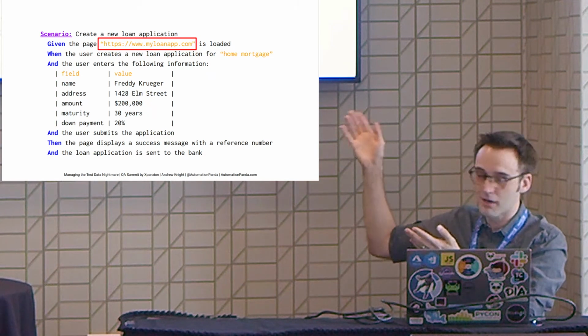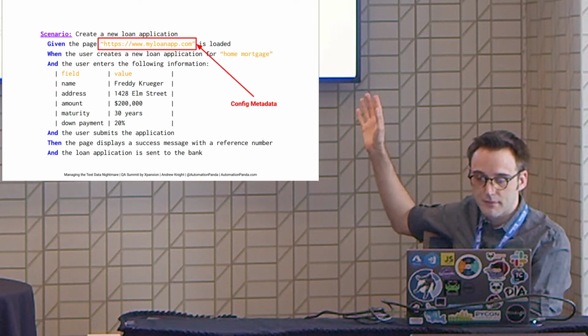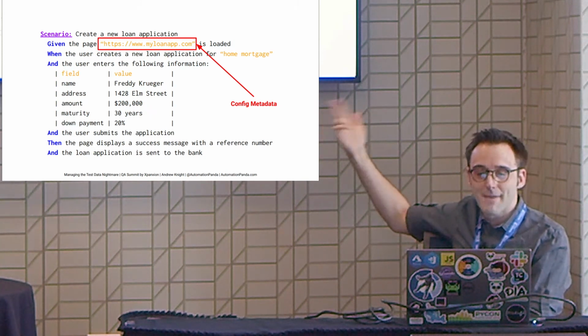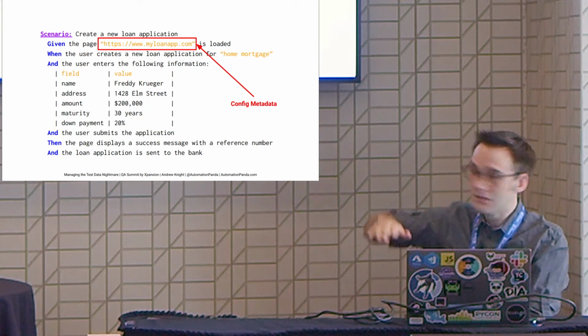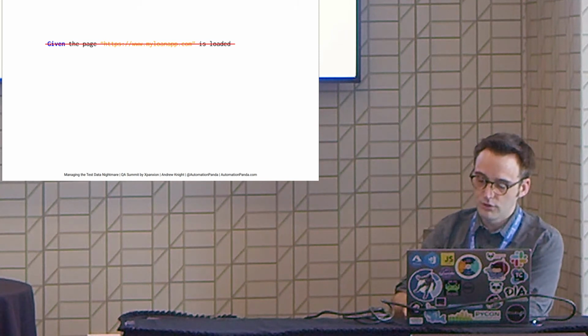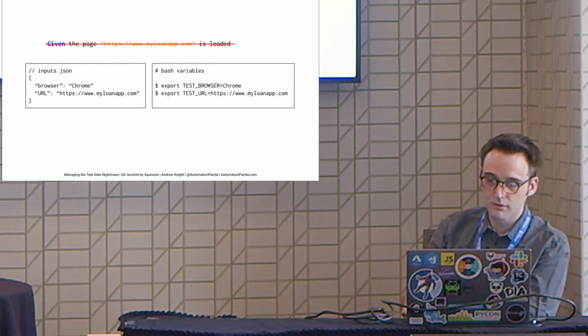Any information about a product's configuration is called configuration metadata. This includes things like URLs, usernames, passwords, possibly other descriptors. There are a few ways to handle config metadata. You can use flat files or environment variables, just like we did for test control inputs.